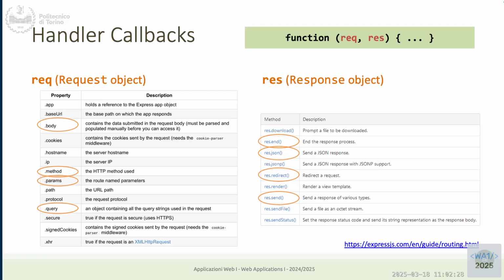But basically, what we are doing is, in the request object, we are trying to extract information about the body that may contain information, the request parameters, or the request query parameters. There are parameters in both ways. In the first case, they are embedded in the URL syntax, and in the second case are coming after the question mark.